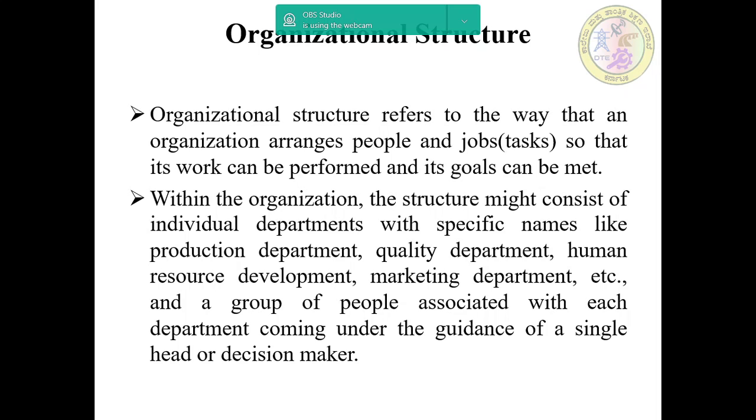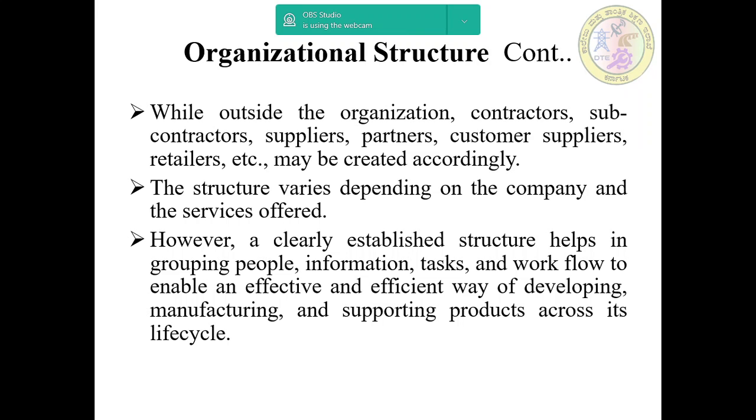In this, a group of people associated with each department comes under the guidance of a single head, also called a decision maker. Outside the organization, contractors, subcontractors, suppliers, partners, customers, retailers, etc., may be created accordingly.